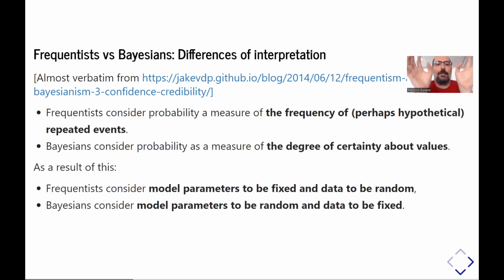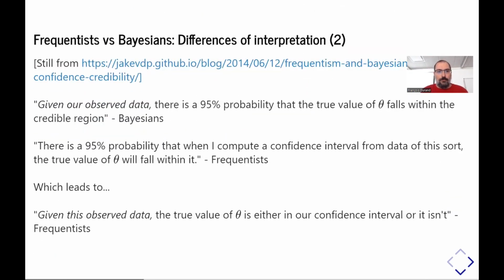Roughly speaking, the frequentists consider the model parameters like theta to be fixed, simply unknown, and the data to be random, and you can generate new data if you want. In principle, you may be able to do it. Whereas the Bayesians consider the model parameters to be random and the data to be fixed, simply because you already have your data. What are you going to do with it?